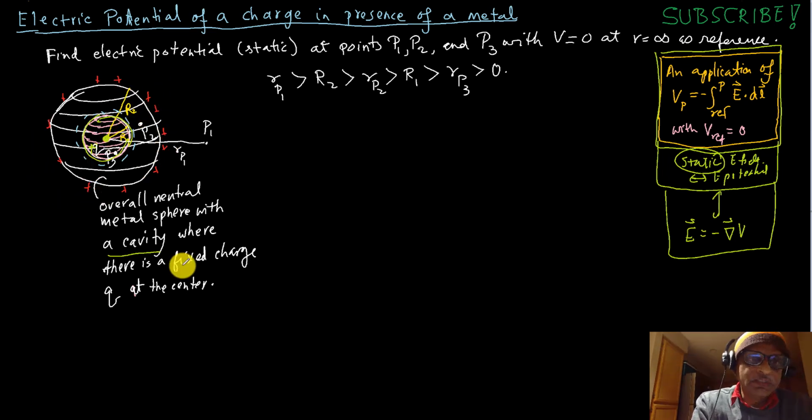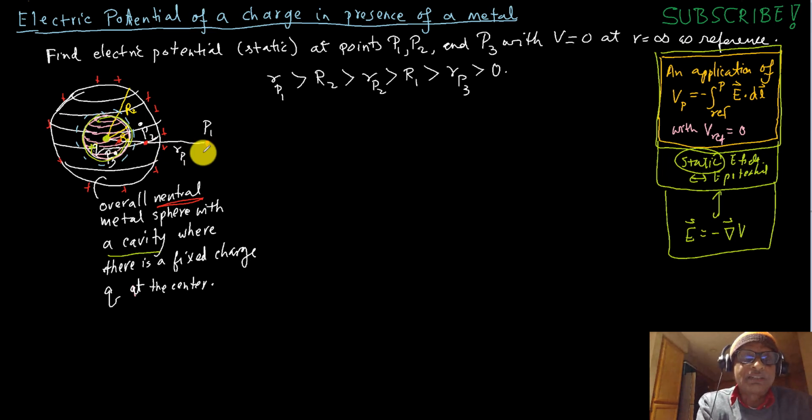It's neutral. Metal is neutral, overall neutral. Same amount of positive charge, negative charge, no extra charge in the metal, but the metal charges have been separated. Okay, so we want to be able to get at this point what the potential will be, some point over here and some point here.